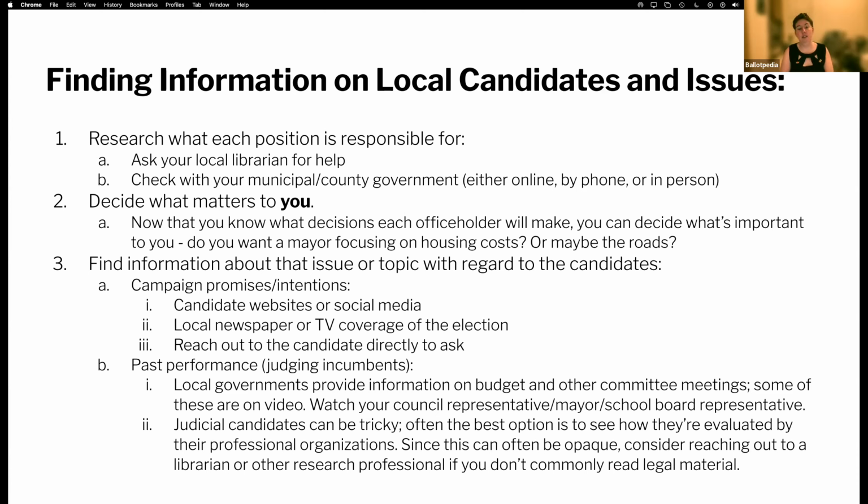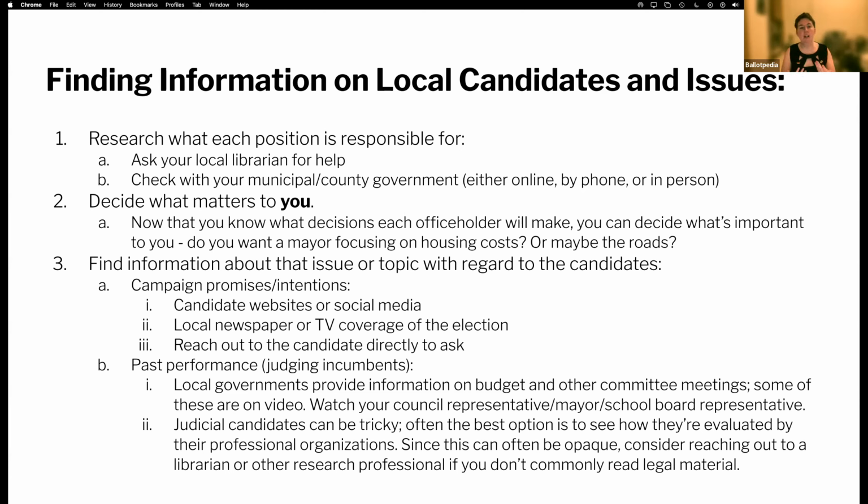And the second thing is you need to decide what matters to you. Everybody makes their own decisions in terms of how and why we vote. And so it's important, at the local level, to figure out which issues matter to you, because while in national elections you have a lot of people doing media analysis and endorsements to give you an idea of what the big issues are, on the local level, it's really, really personal.